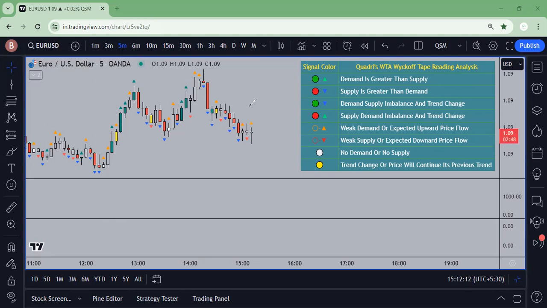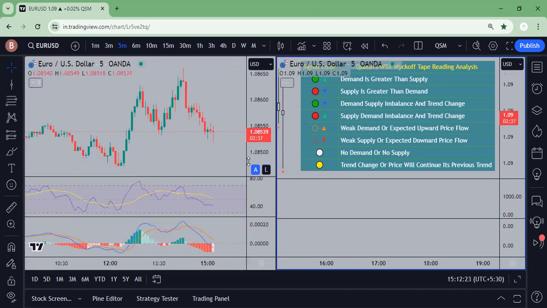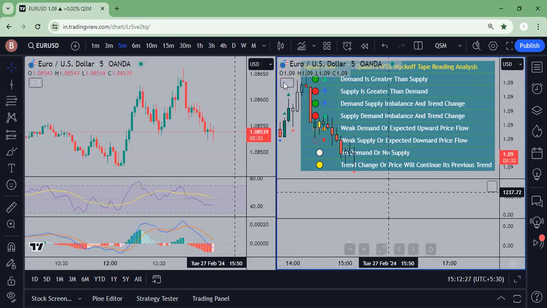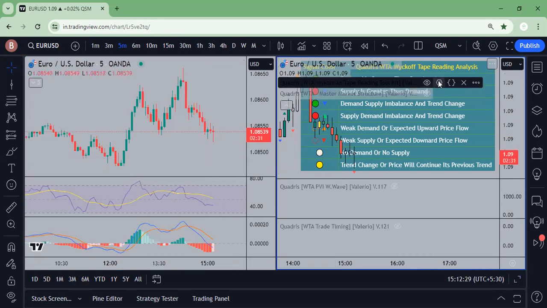So this toolkit will help you in identifying winning situations in the market, as well as it will reduce your losing trades to a greater degree.